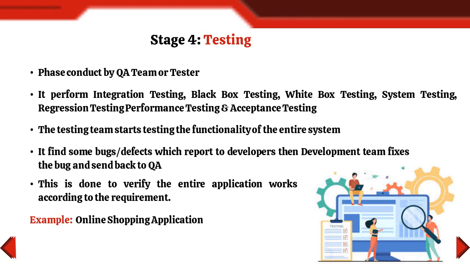They perform different types of testing such as integration testing, black box testing, white box testing, system testing, regression testing, performance testing, acceptance testing. The testing team identifies any bugs or defects and reports them to the developers. The developers fix the issues and the software is sent back to QA for retesting.